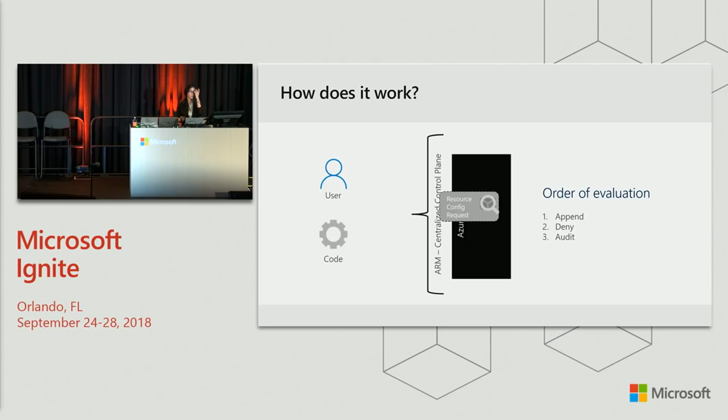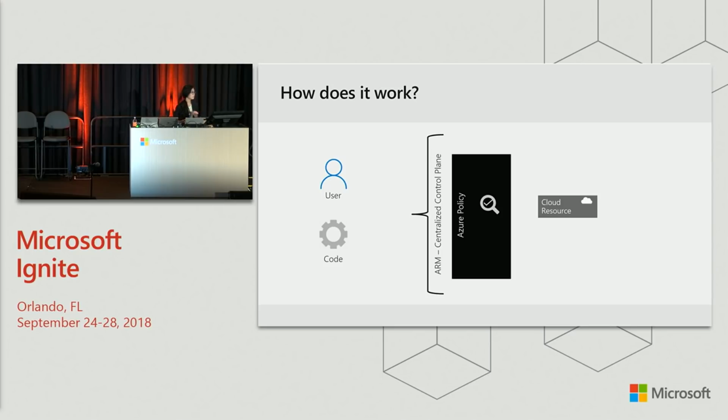For example, if you have an append policy to put a tag onto the resource, by the time the deny policy comes in, if you are to deny a resource that doesn't have tags, it'll actually have been changed so that you do have the tags at that point. So we run append policy first, then deny, and then we run the audit. At this point, we actually let the resource request go through.